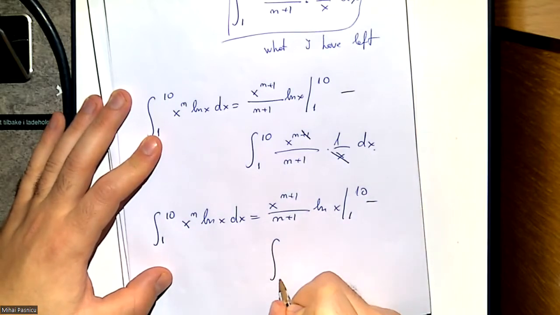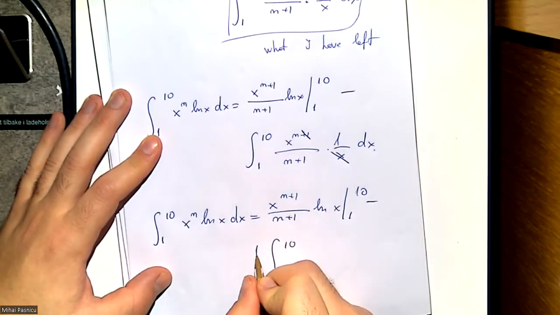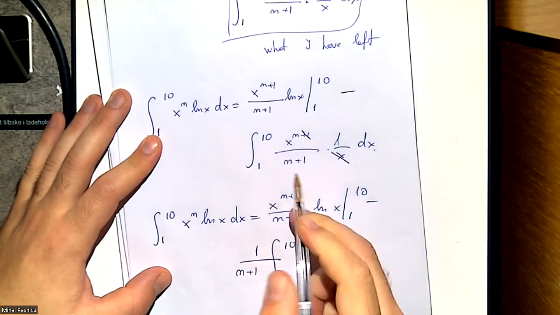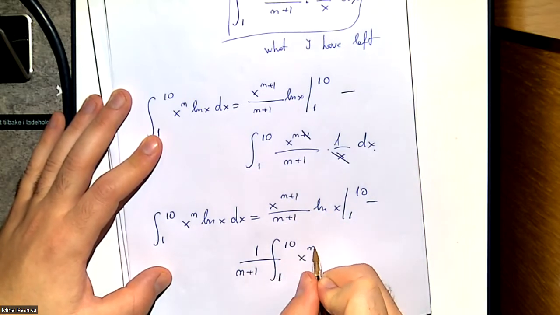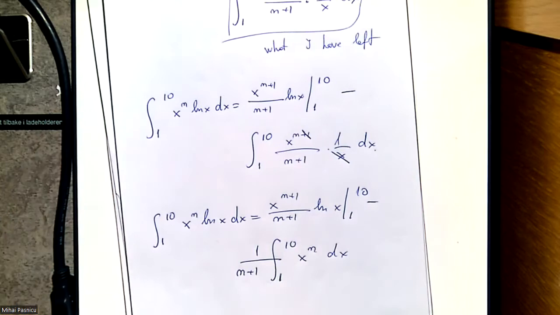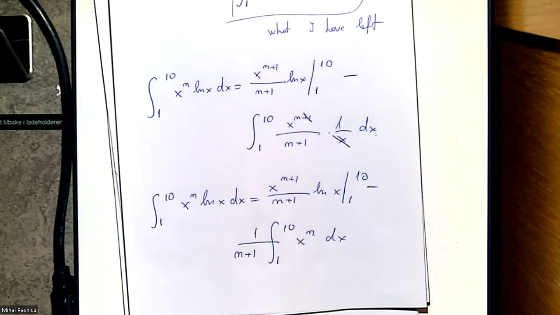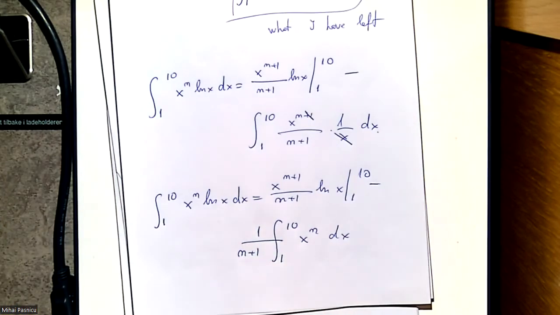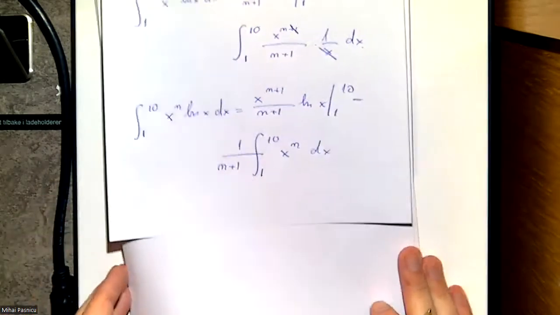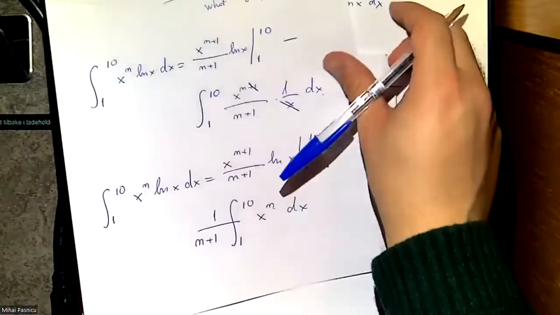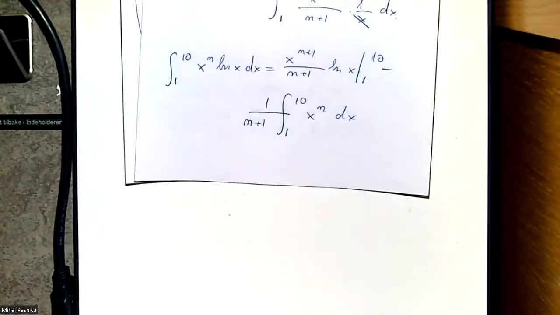Minus, what is this? The integral from 1 to 10. Again, I can take the n+1 out because it's a constant. x^n dx. And this is really nice to compute. So at this point, I'm like, yeah, I'm definitely on the right track. I did something right because now I can compute everything. So I can just write the answer.